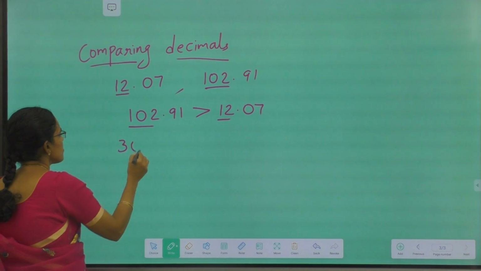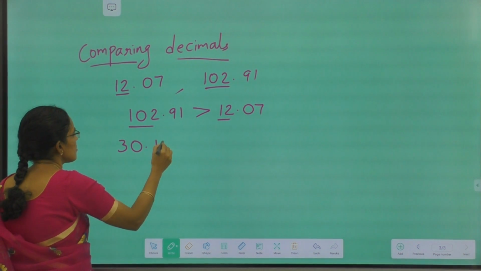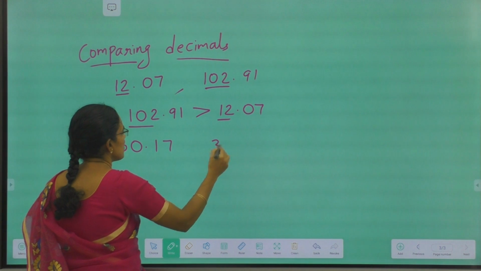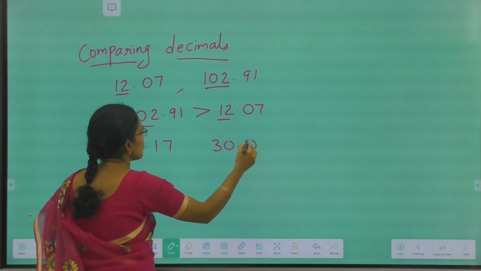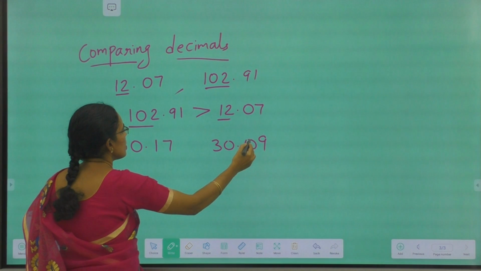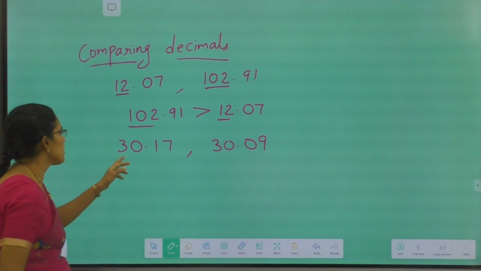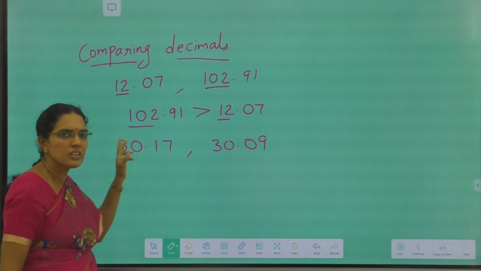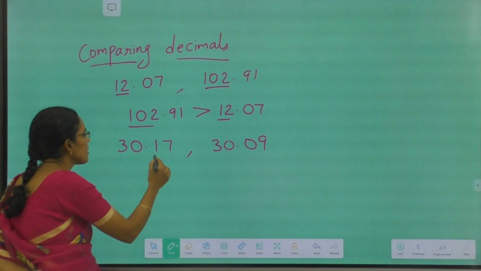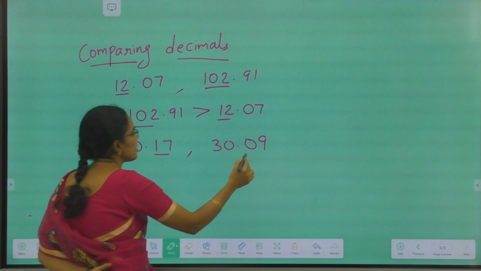Another example, let's take 30.17 and 30.09. Now in these two decimals, the whole part is the same, 30. Then the decimal part is 17 here and 9 here.